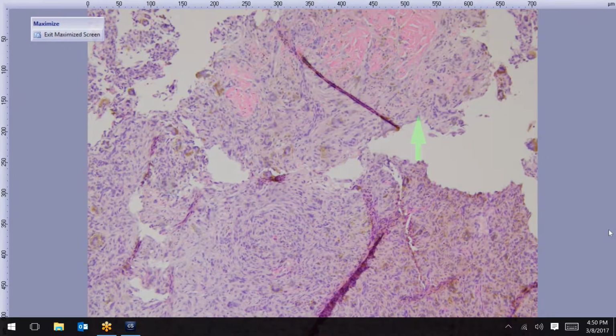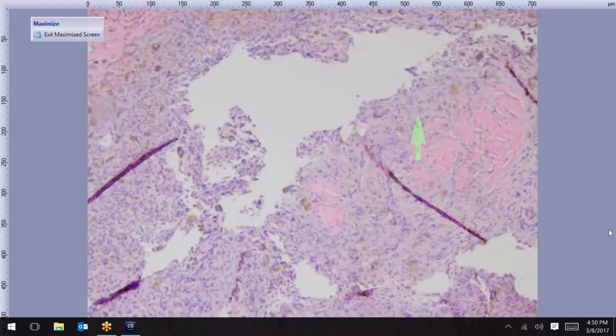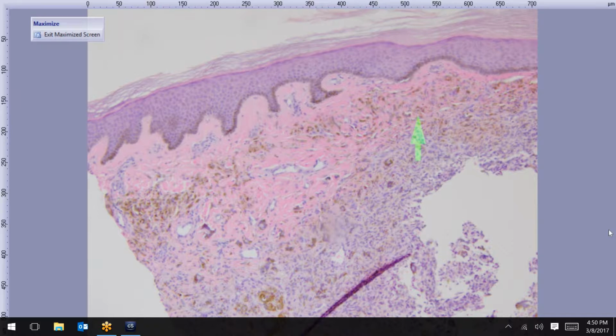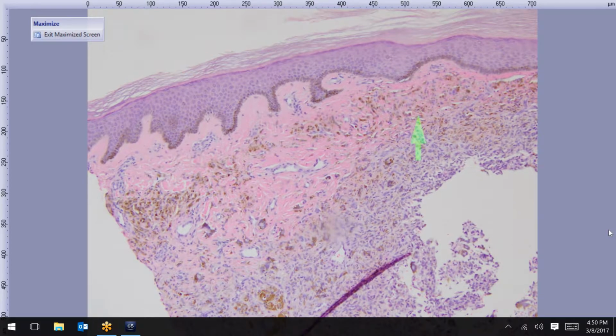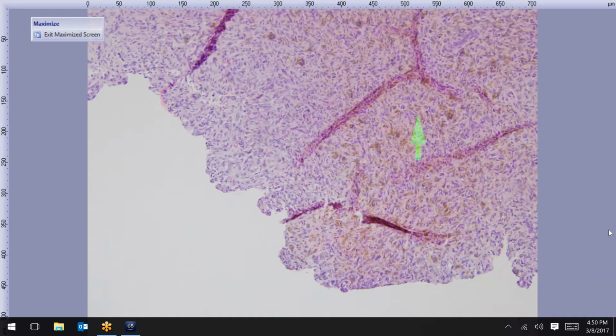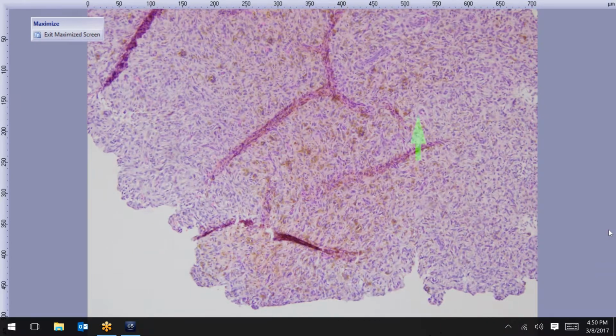Lighten this up a little. So I'm going to take you around the periphery of this lesion. All that pigment. A little higher power here.